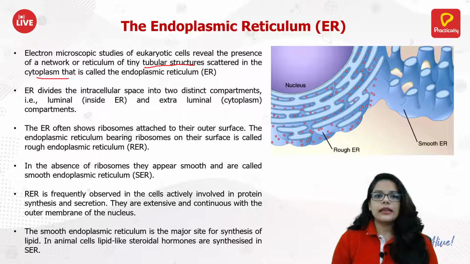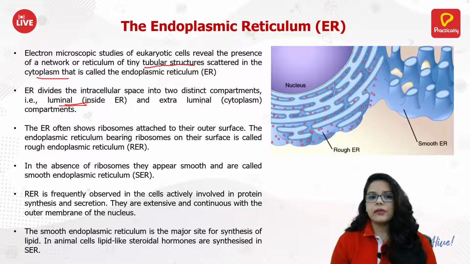They have two distinct compartments: an inside part, that is the luminal part, and the external part, that is the extraluminal part. Sometimes the endoplasmic reticulum can be divided into rough endoplasmic reticulum and smooth endoplasmic reticulum.